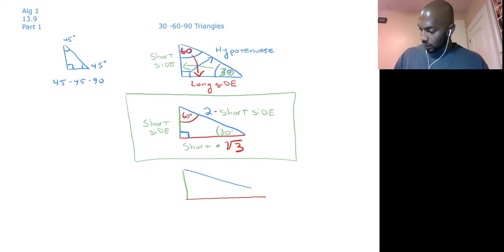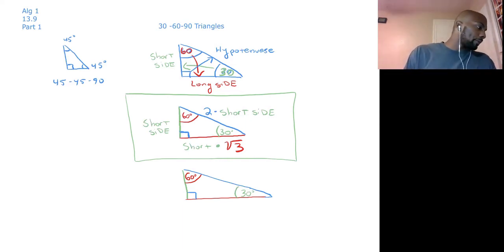Here's where the color coding is really going to help us to keep things organized. I always know that my long side is directly opposite 60 degrees. I know for a fact that my short side is always opposite 30 degrees. And I know my hypotenuse is always opposite 90 degrees.